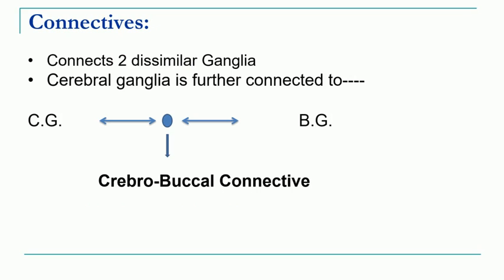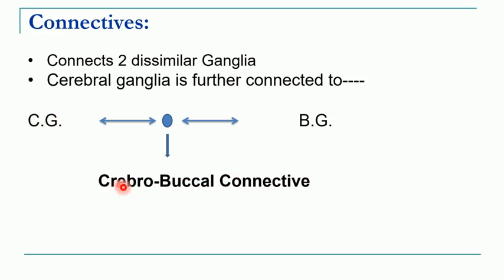Okay, now let's understand them in a better way. Suppose this is the cerebral ganglion and this is the buccal ganglion. Obviously these two ganglia are different, so they will not be connected by commissures, but they will be connected by a connective nerve. That connective nerve between the cerebral and buccal ganglion is called the cerebrobuccal connective.